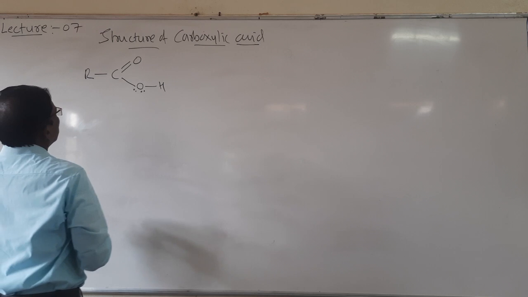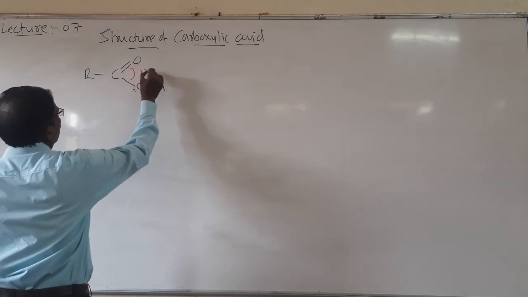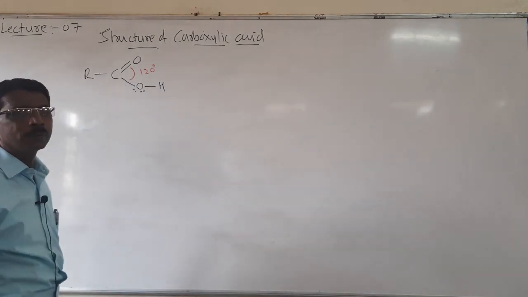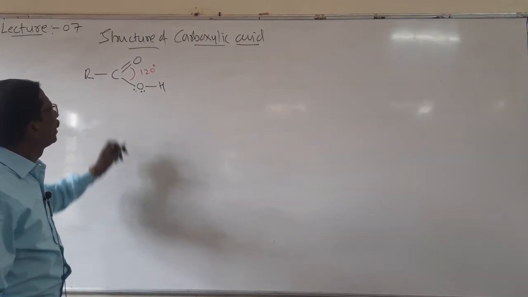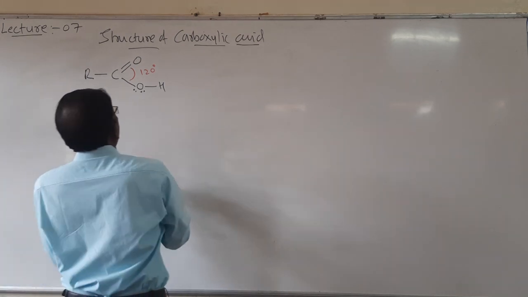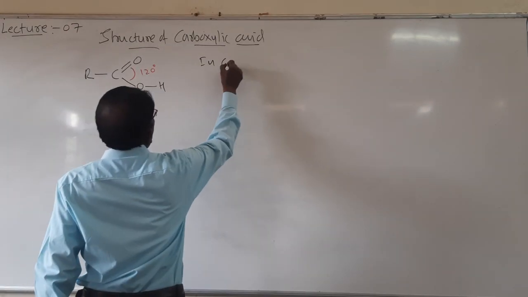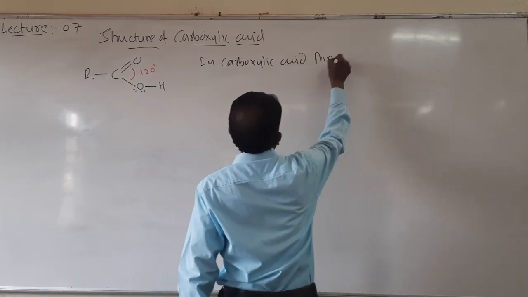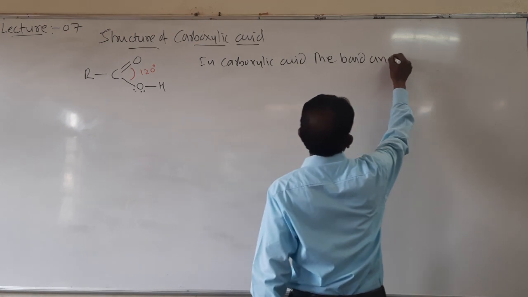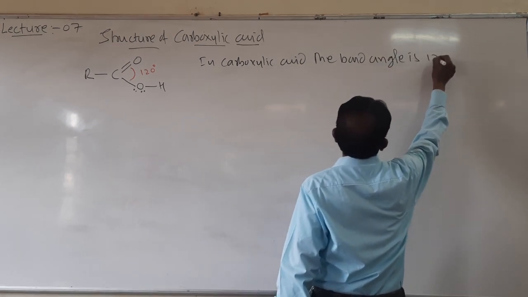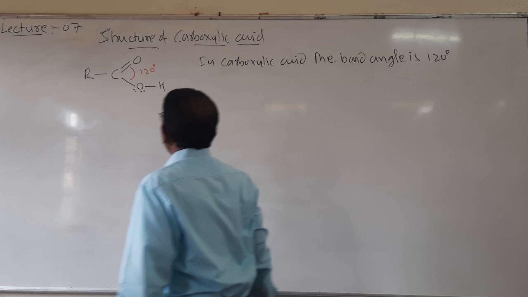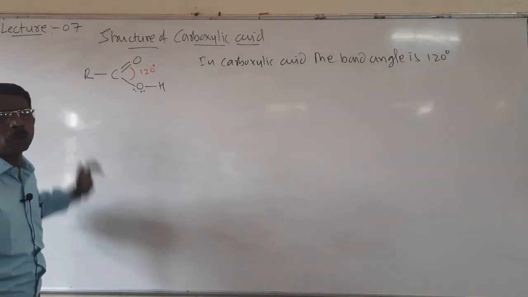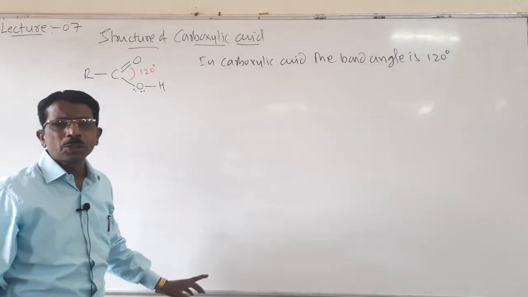Here the bond angle is 120 degree. In carboxylic acid the bond angle is 120 degree, and here it has a sigma bond, pi bond, sigma bond, and also a sigma bond. So it is the structure.